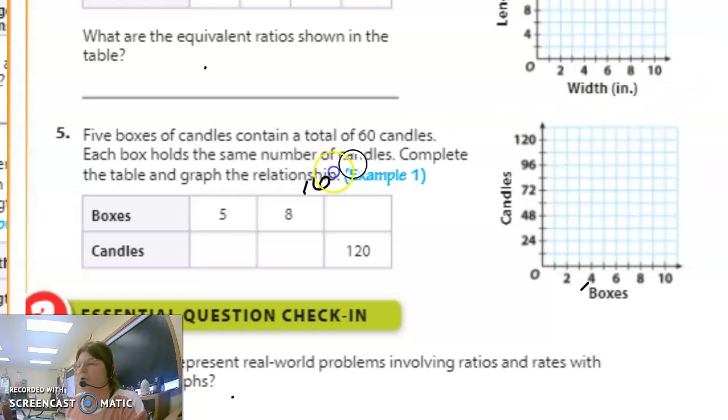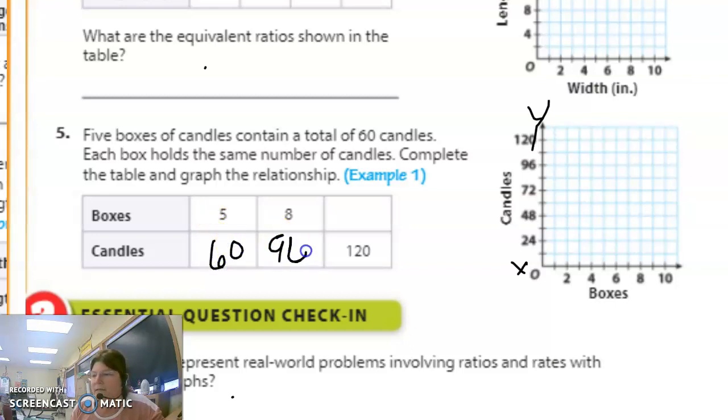Which one is your y? Which one is your x? Remember x, y. Okay. And so what are we doing with that? Well, we use the table to make ordered pairs. Each one of these is an ordered pair. So we had 60, we had 96, and we had 10.